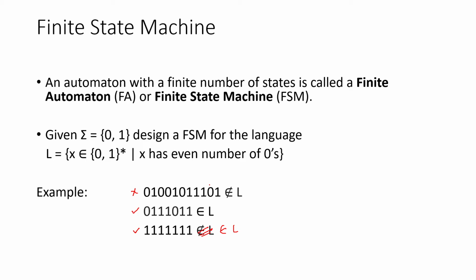But I want to show you a different way to realize how a finite state machine works. Suppose you start from this symbol, and for each step you read one symbol at a time.